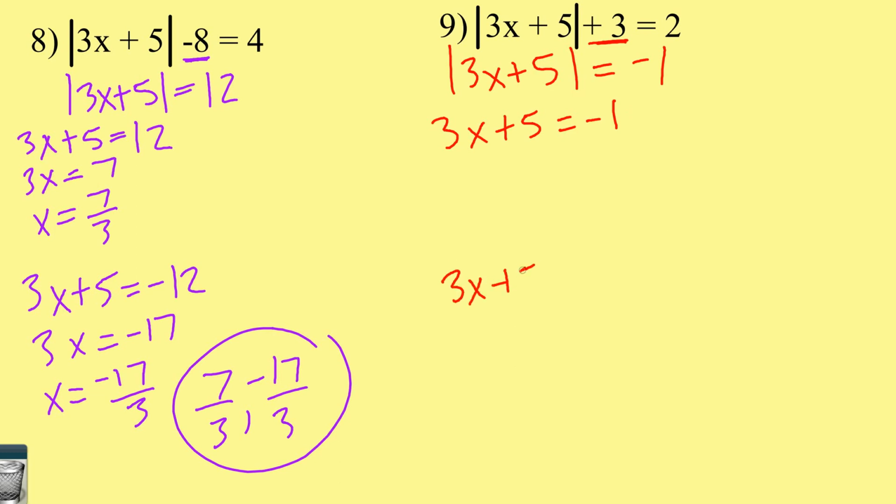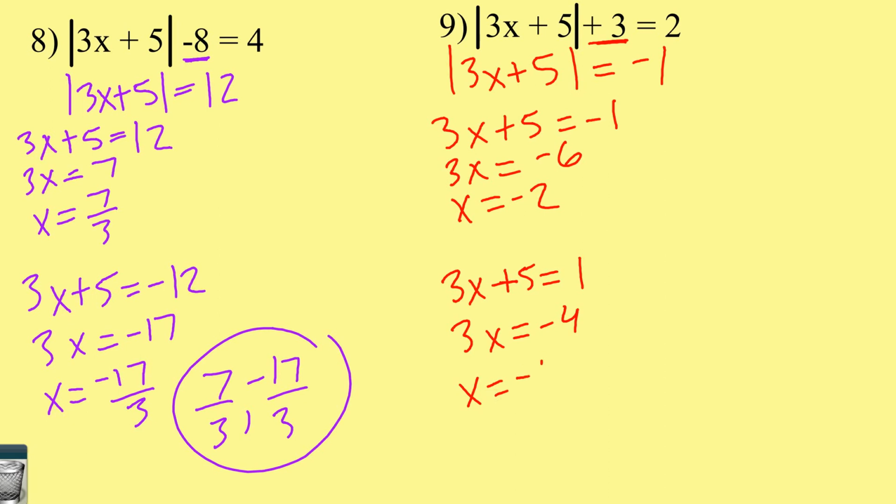So 3x plus 5 equals positive 1. We solve it. We get 3x equals negative 6. x equals negative 2. We also get 3x equals negative 4, x equals negative 4/3. All right, so we got two answers, negative 2 and negative 4/3.